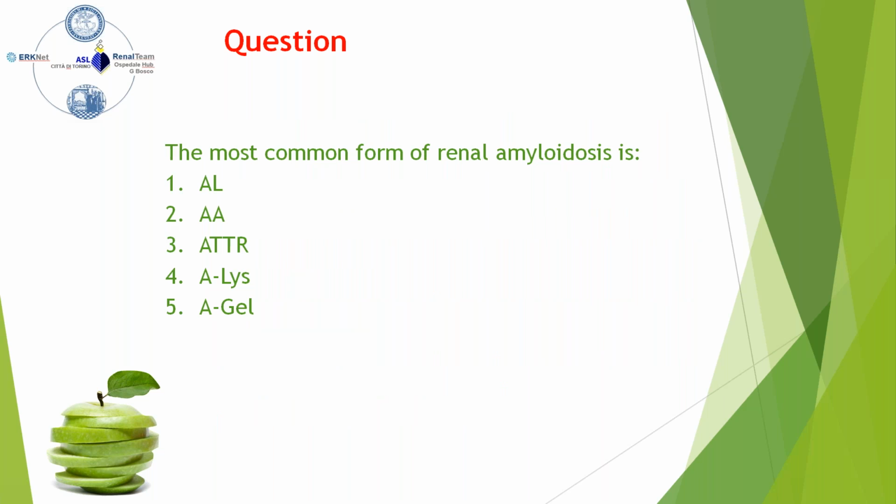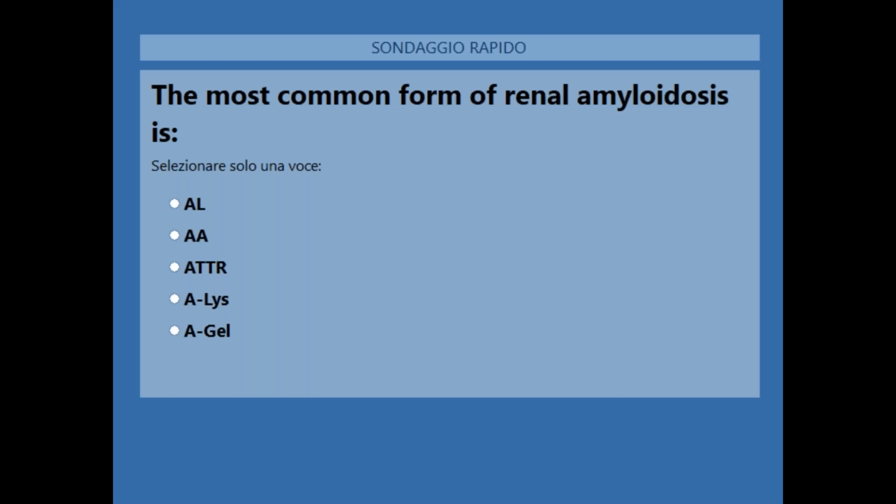And the last question: the most common form of renal amyloidosis is AL amyloidosis, AA amyloidosis, amyloidosis related to transthyretin, amyloidosis related to lysozyme, or amyloidosis related to gelsolin.